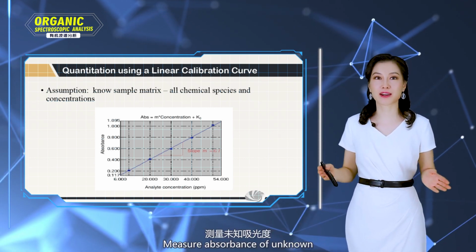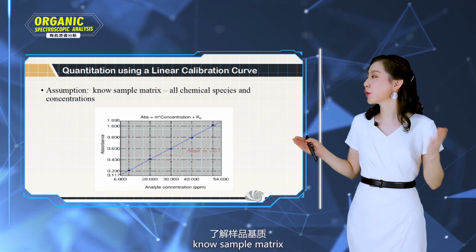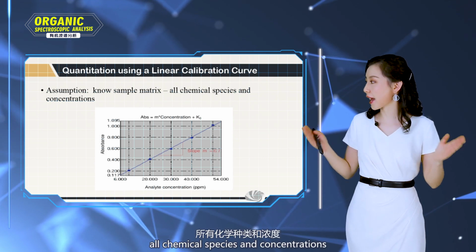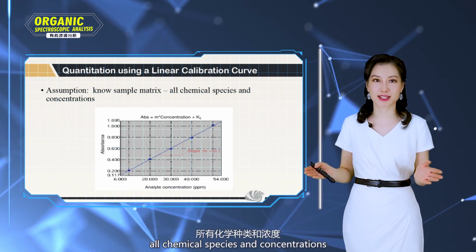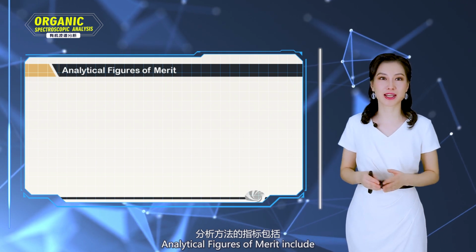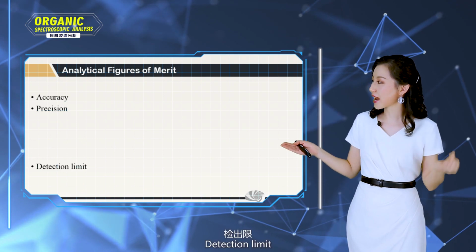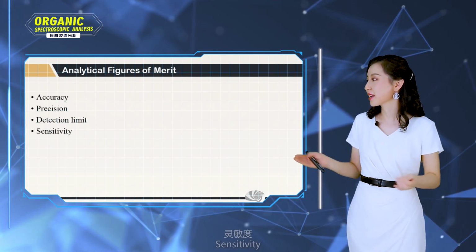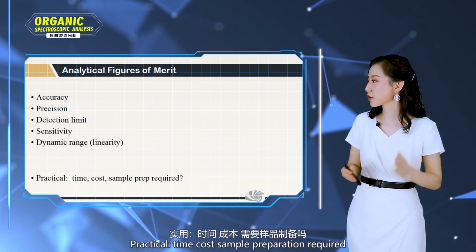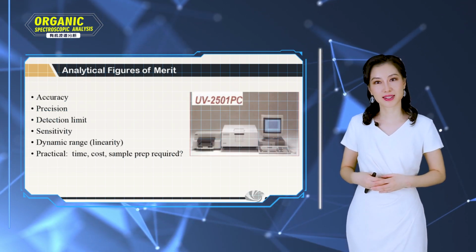Measure absorbance of the unknown. This is based on the assumption of no sample matrix effects or interfering chemical species. Analytical figures of merit include accuracy, precision, detection limit, sensitivity, dynamic range, practicality, time, cost, and sample preparation required.